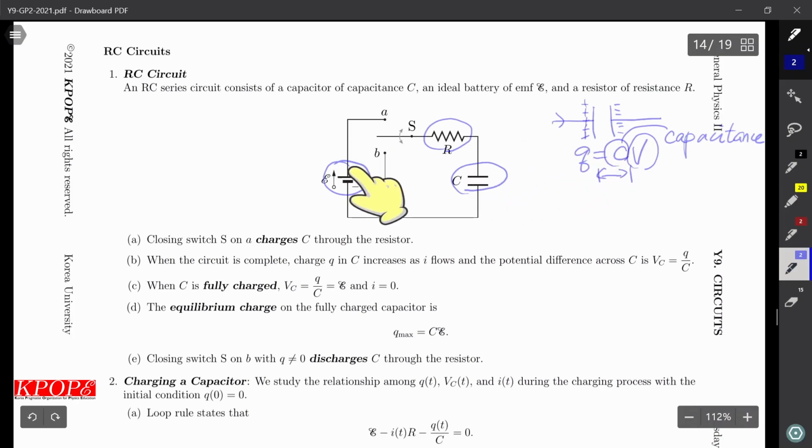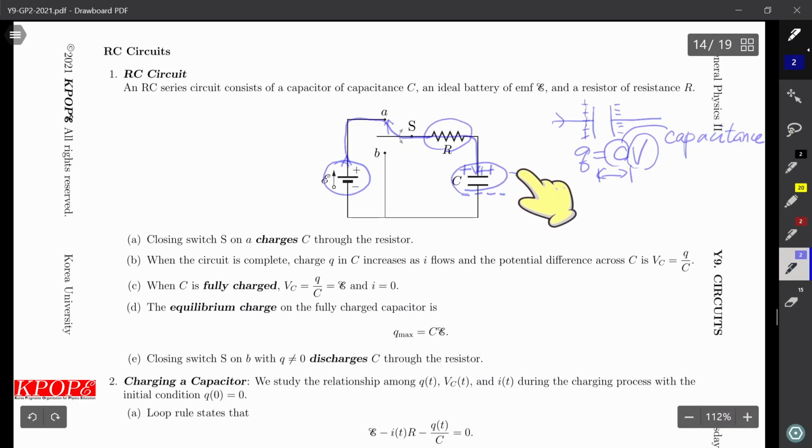If you connect this switch to A, then from the positive terminal of the EMF device, current flows and passes the resistor, and the charge is being accumulated.